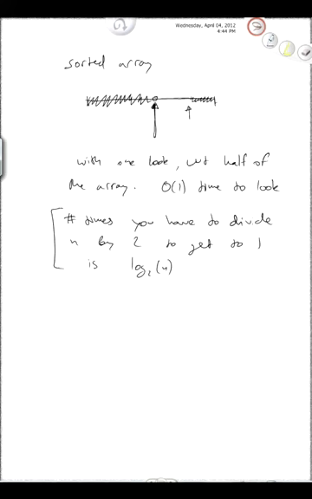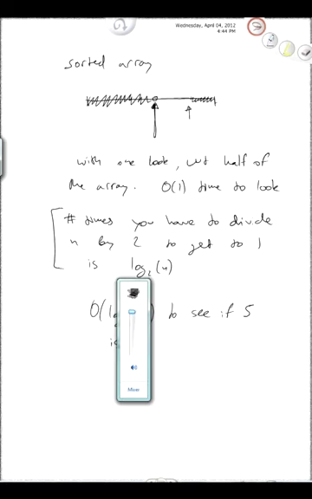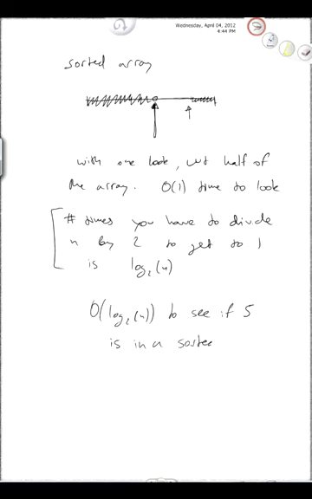So the number of times that I have to look is basically log 2 of n. That's why it's O of log 2 of n time to see if 5 is in a sorted array.